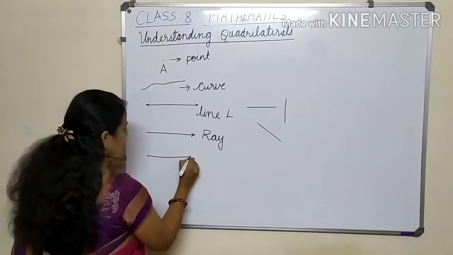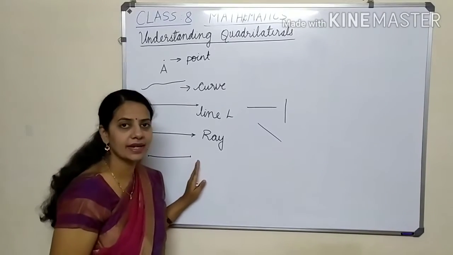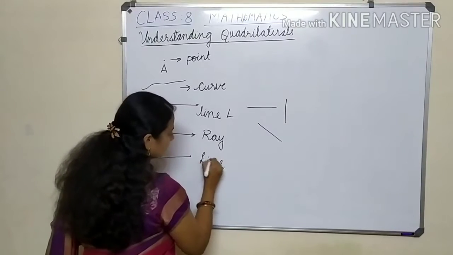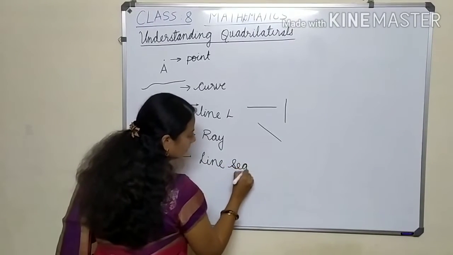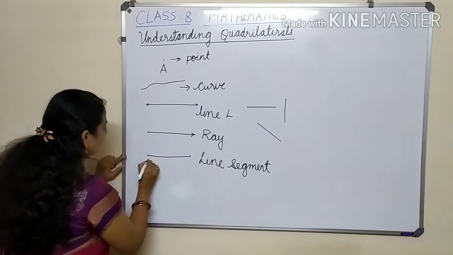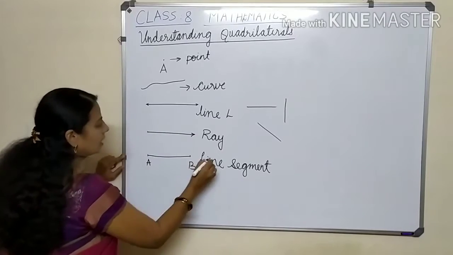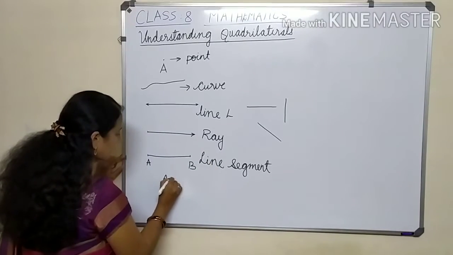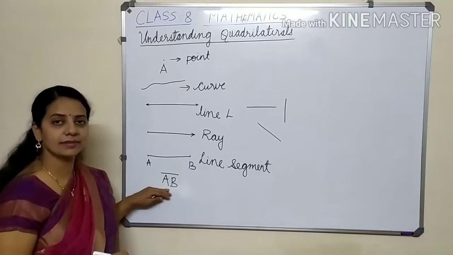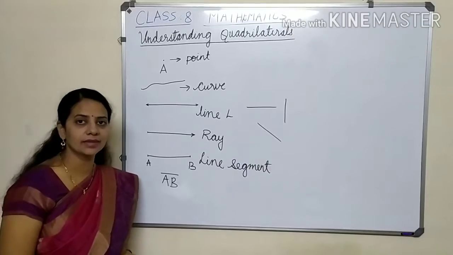A line segment has got both a starting point as well as an ending point. So this is your line segment. And we can name these points A and B, and the line segment AB. This is how we write a line segment AB, and we read it as line segment AB.